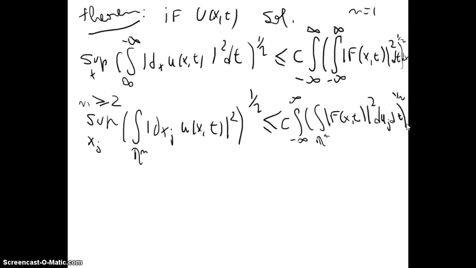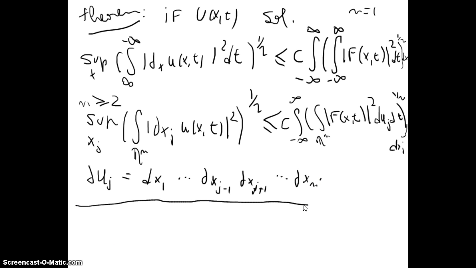This has to all be multiplied by D_{x_j}, where dμ_j is equal to dx_1 ... dx_{j-1} dx_{j+1} ... dx_n. So these are some theorems concerning the smoothing effects for the group e^{itΔ}, t from minus infinity to infinity.